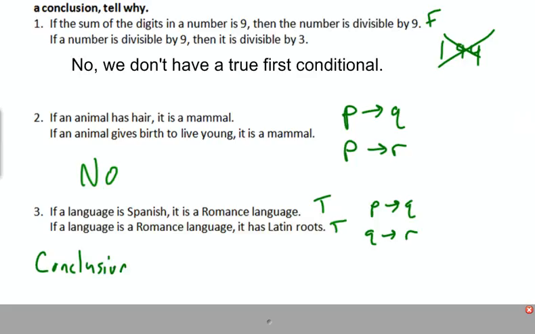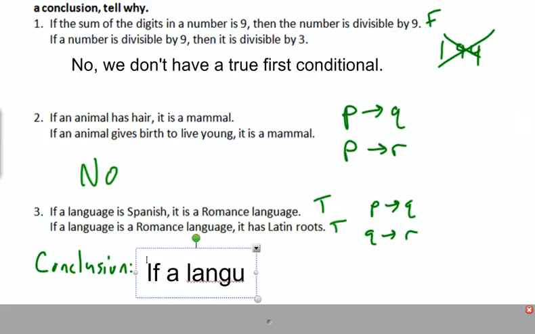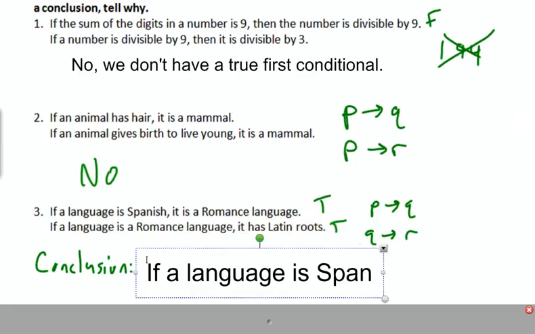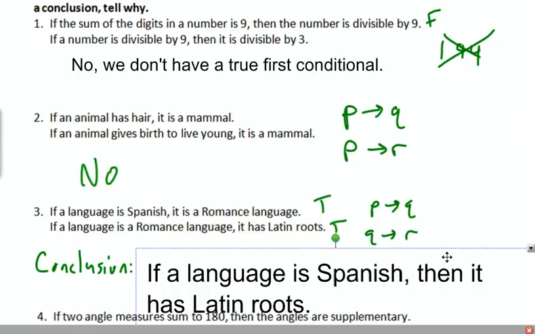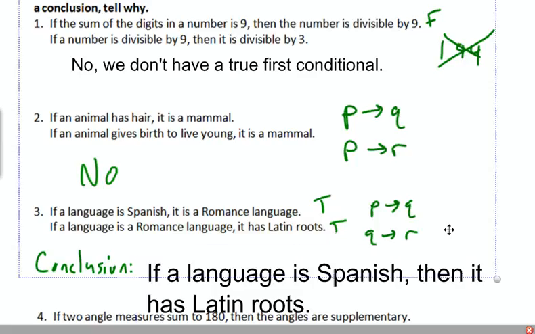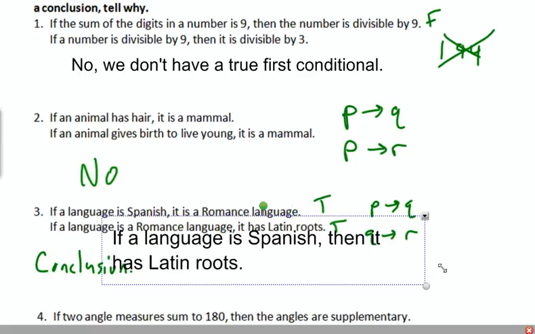And our conclusion would be, if a language is Spanish, then it has Latin roots. And we can do that from the law of syllogism.